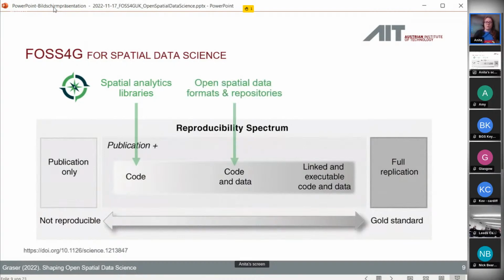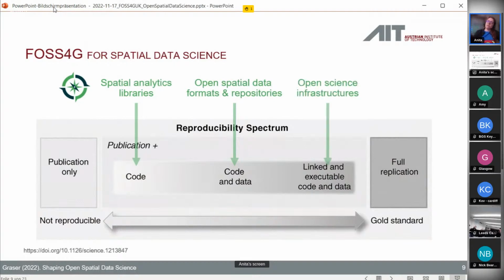OSGeo is also involved with the OGC to standardize data formats. It also provides the software to manage data exchange and to read and write all these different formats. So that's an important role that OSGeo and FOSS4G plays on this part.